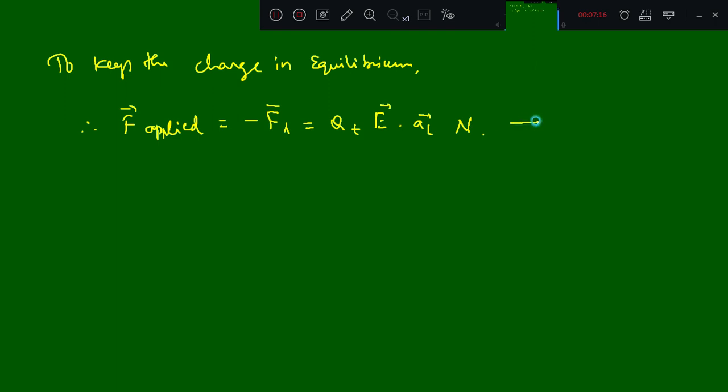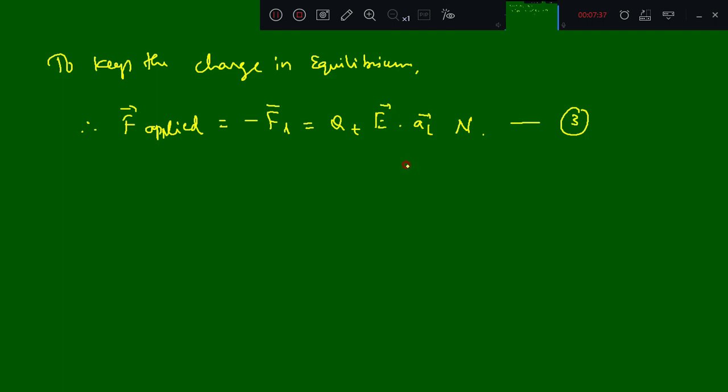This you can call equation number 3. Then you need to keep a note: keeping the charge in equilibrium means we are moving the charge QT through the distance dl in the direction opposite to that of the electric field, hence work is done.